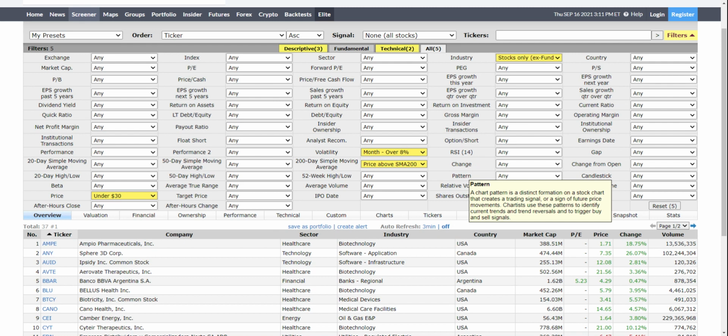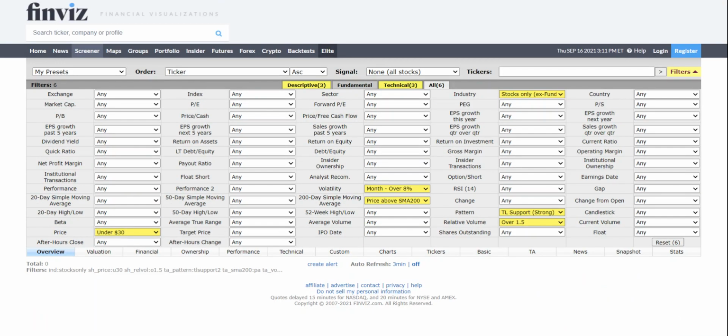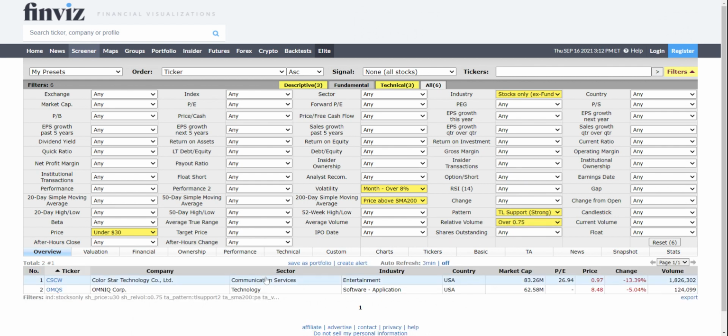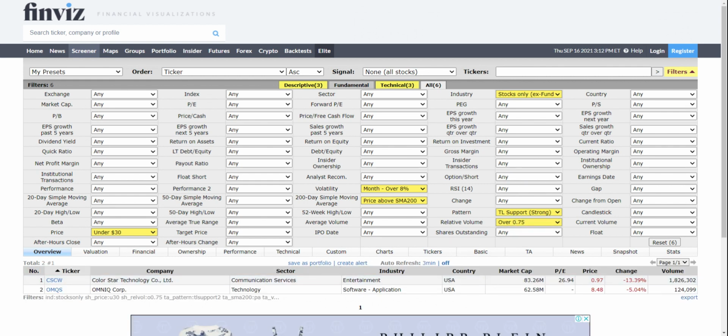Chartists use these patterns to identify current trends and trend reversals and to trigger buy and sell signals. So what do we want it to be? TL Support Strong, and as you see, we are going to be left with 0. So the Darvas will just be over 0.75 right here, and this is what we are going to be left with.